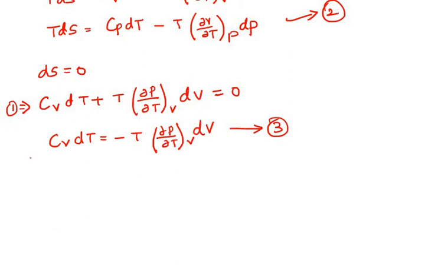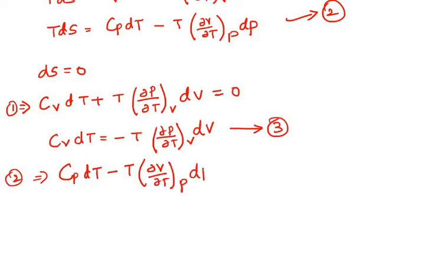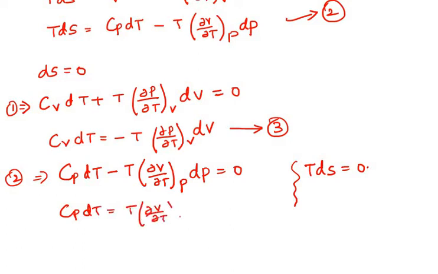Now from equation 2, Cp dT minus T into dou V by dou T at constant pressure into dP is equal to 0, because TdS will become 0. So Cp dT is equal to T into dou V by dou T at constant pressure into dP.